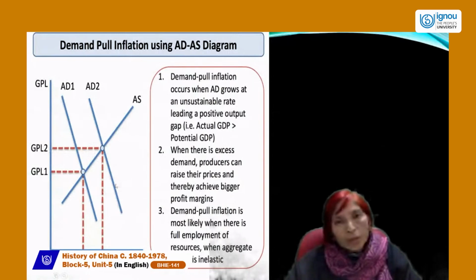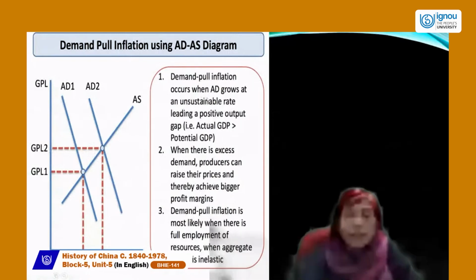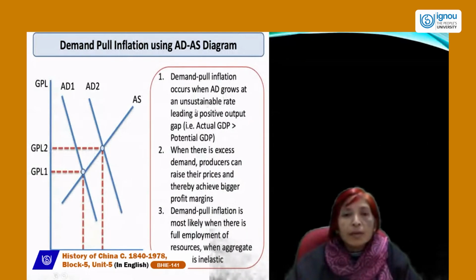So it occurs when aggregate demand grows at an unsustainable rate, leading to a positive output gap. It means actual GDP is more than potential GDP.